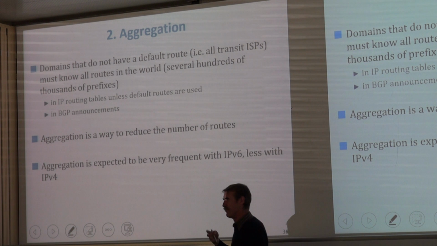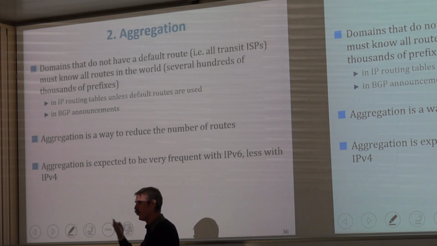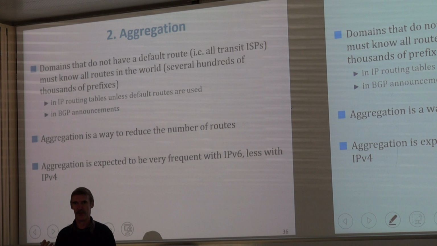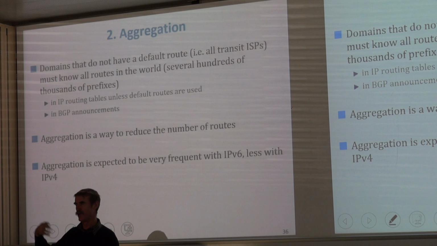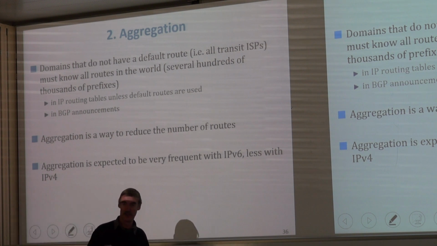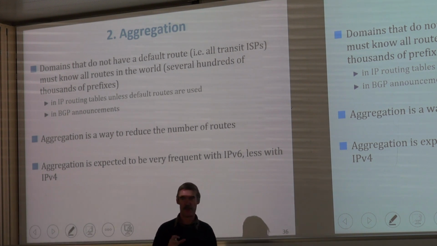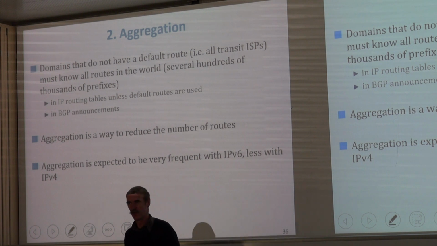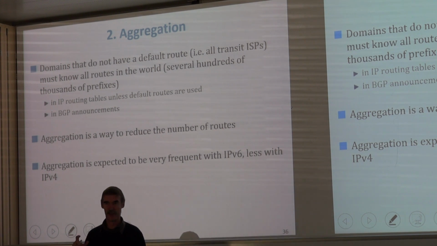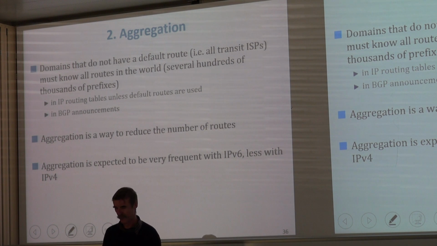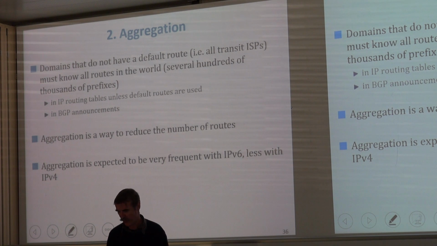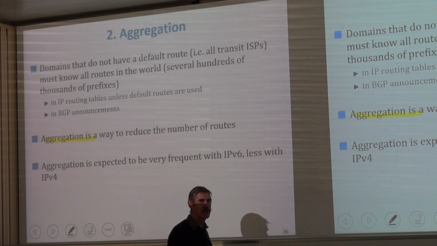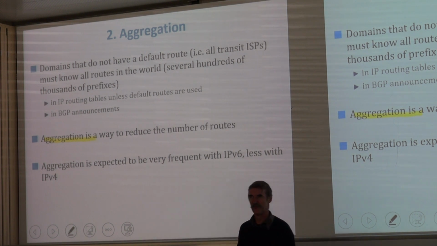Now, when there are problems in routing, if there are loops or inconsistent routes, parts of the internet are not reachable. So you may have a fraction of the internet that's not reachable due to routing protocol problems. The more lightweight the protocol is, and in particular the smaller the table is, the better it will be. In order to make the number of routes smaller, we try to incentivize all operators to do aggregation.